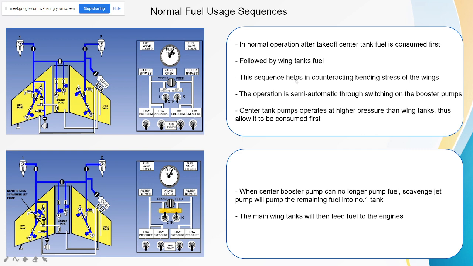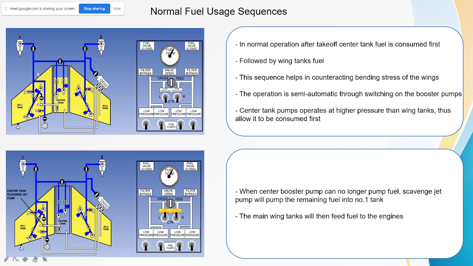As the plane flies, lift is generated on the wings. If the center tank is consumed last, there will be a drastic change to the lift-to-weight ratio. Since the wing is empty, more stress will be applied to the wings to support the weight of the plane fuselage. That is why this sequence can help in counteracting the bending stress of the wings.